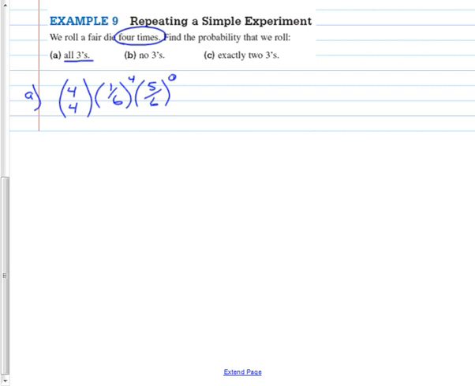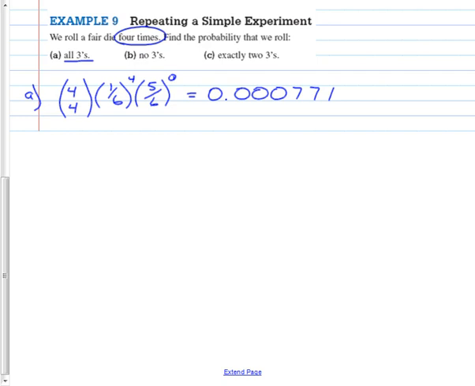Your calculators. This is a combination. 4 choose 4, that's actually 1. And anything to the 0 is 1. So really all you have to do is 1/6 raised to the 4th power. Go ahead and give me the decimal. 7.71 times 10 to the negative 4th? 0.000771.